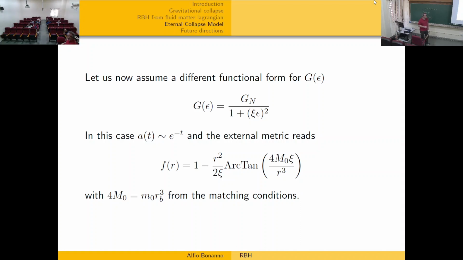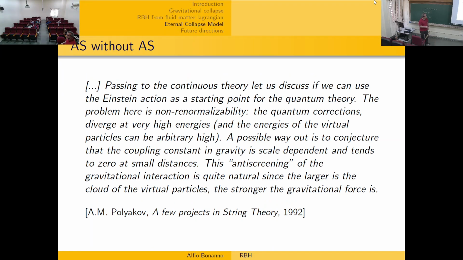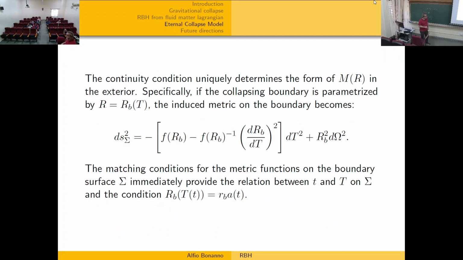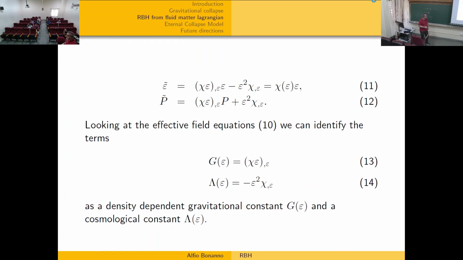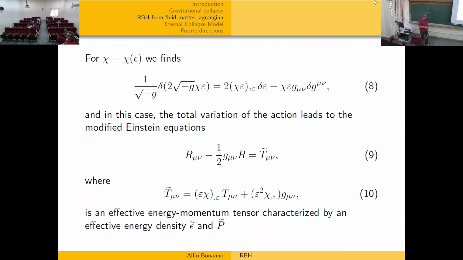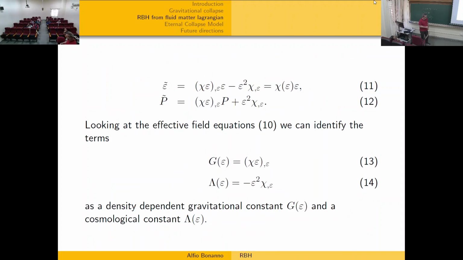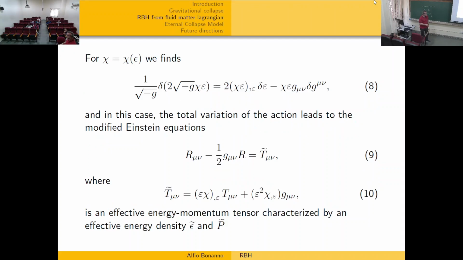C is a number, a positive number. What is on the right hand side of the Einstein equation is exactly this G, a function of epsilon.